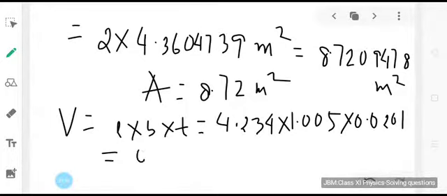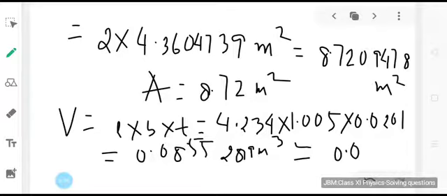So that will be equal to 0.0855289 cubic meter, and on rounding off you will get it as 0.0855 cubic meter, containing 3 significant figures. I'm not getting into the calculations a lot because the stress right now for today's class is on finding out the exact number of significant figures and how we are going to round off.